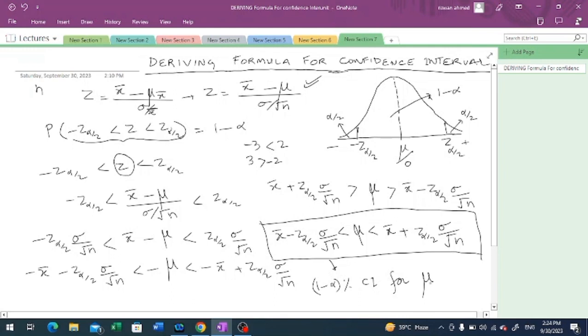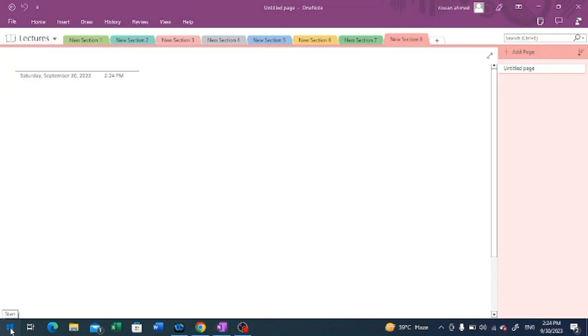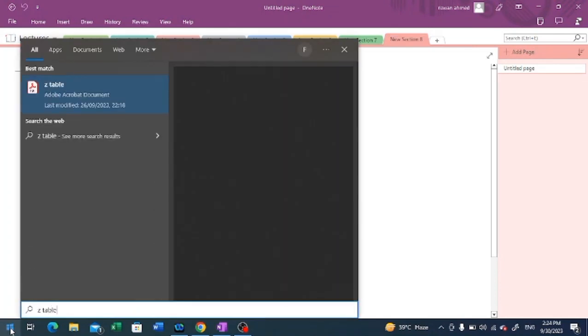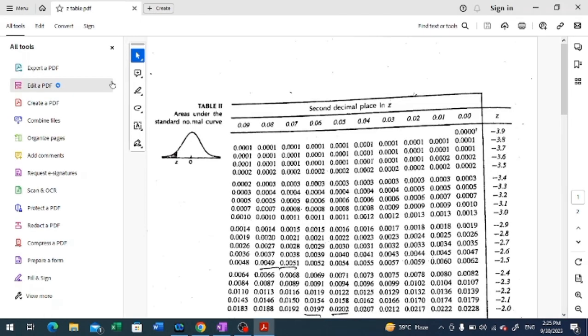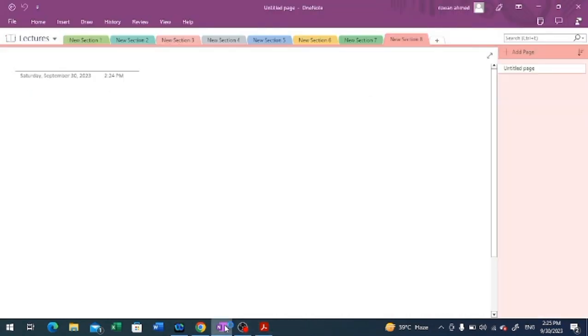So now we will try to come up with 5 commonly used confidence intervals for population mean mu based upon z distribution. And for this reason, I'm going to open the z table because we need to have it. We will consult the z table for every value of z. Now I am over here making a table for the 5 commonly used confidence interval percentages.